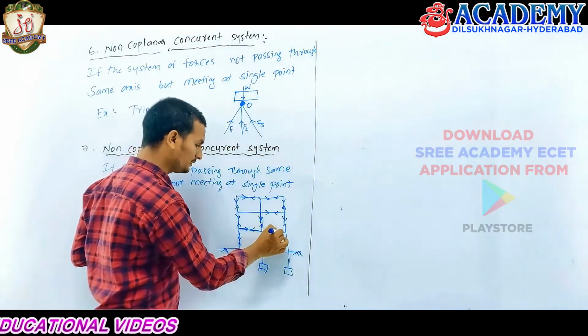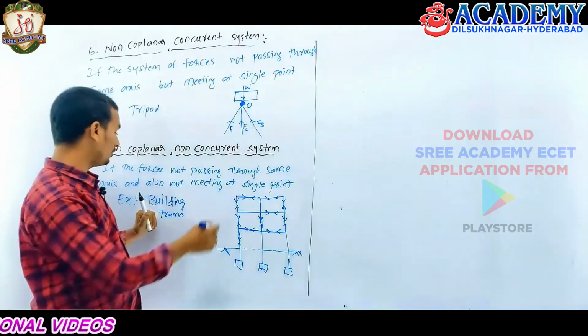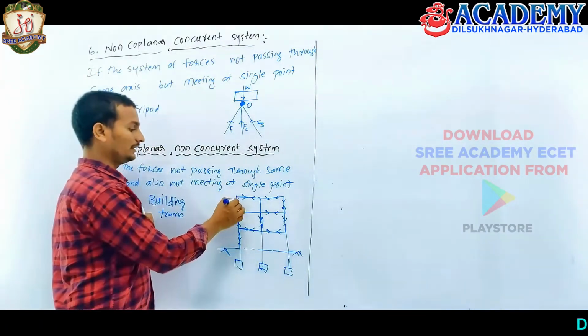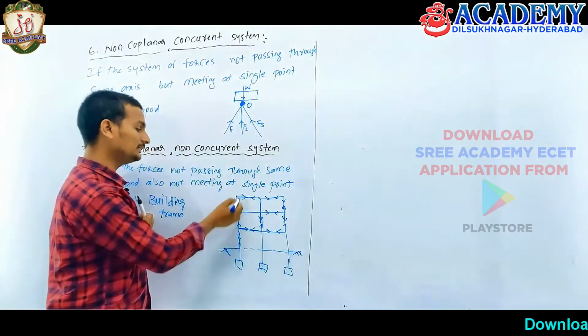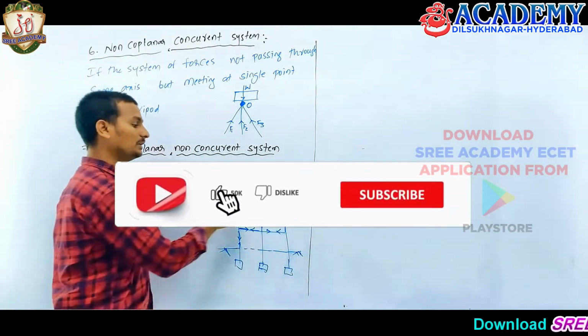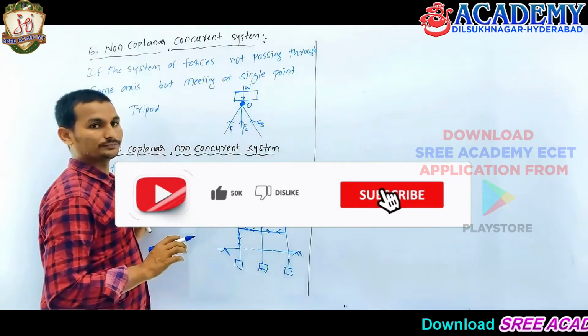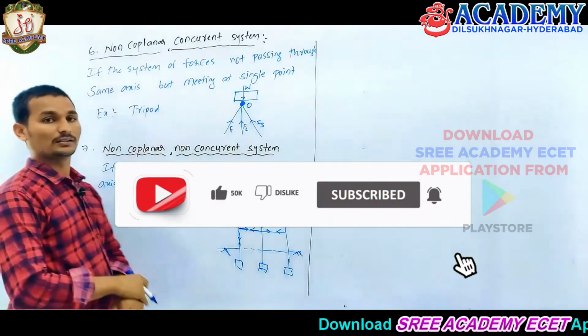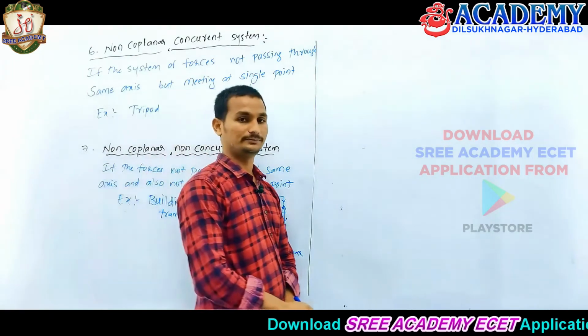They are not meeting at a single point and the axes are totally different. Here these members are in the x-axis, these members are in the y-axis, but not meeting at a single point. So this is the non-coplanar non-concurrent system.